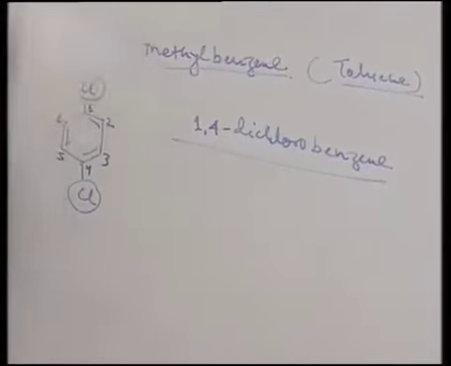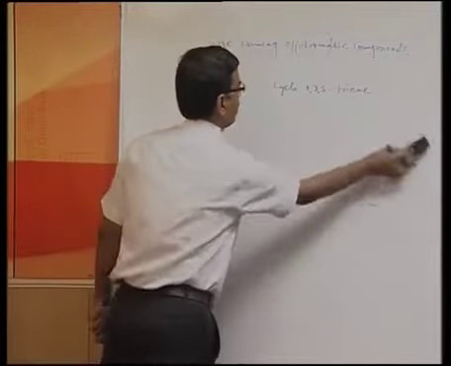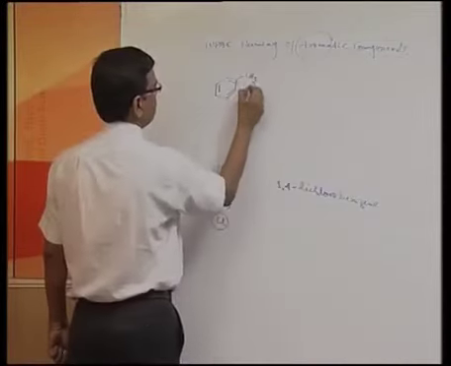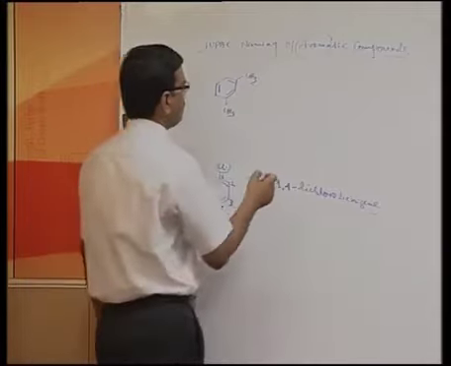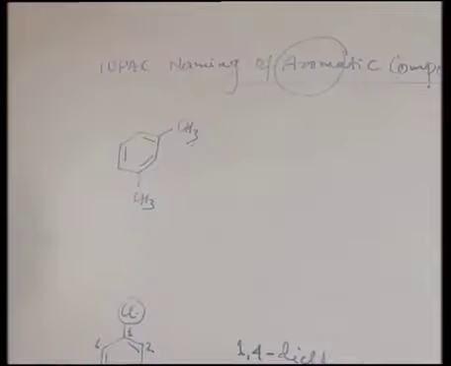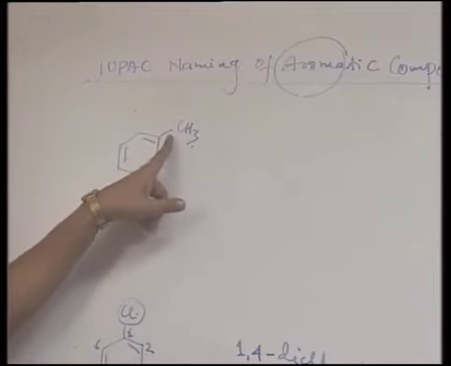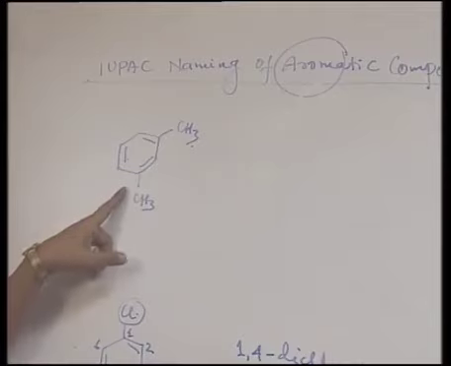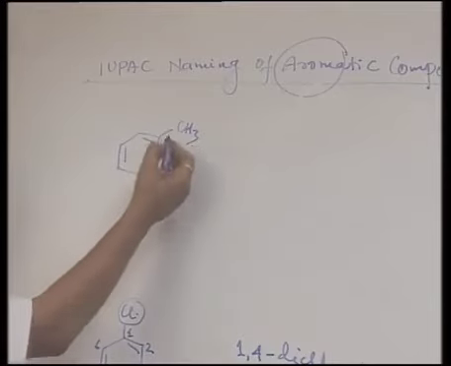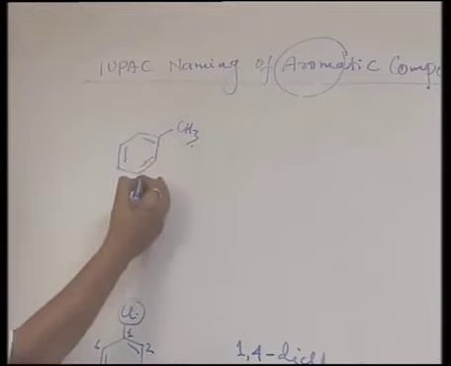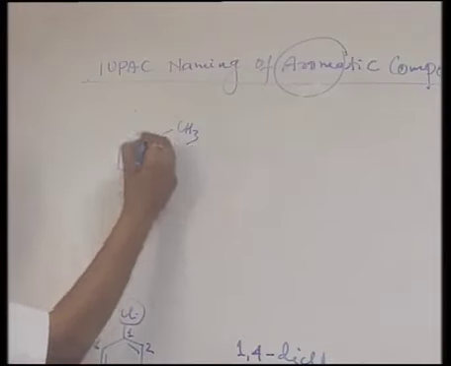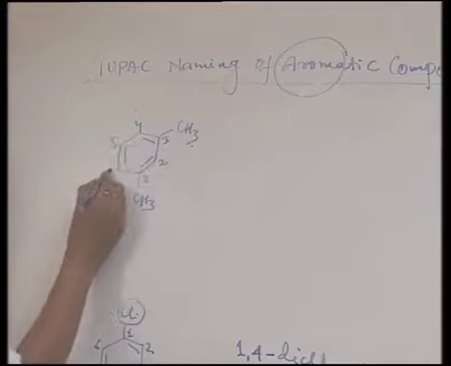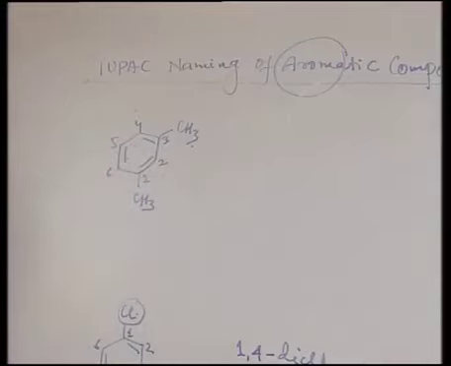Let us see one more example of this type of compound. In this case, from which direction do we start the numbering? Suppose I have written this methyl group here and this methyl group here. We start the numbering not in this direction, but from this position we can write 1, 2, 3, 4, 5 and then 6, and the name will be very simple.